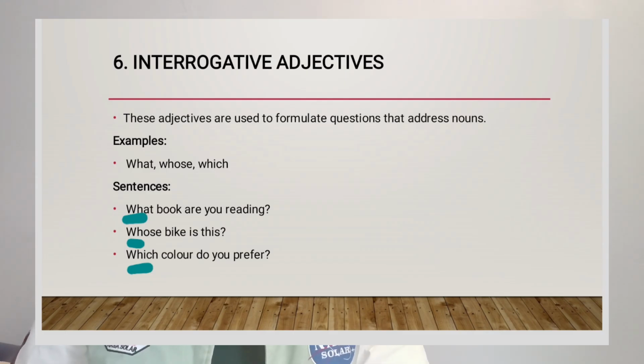I'll talk about that in a short while. Let's go on to the next example, which is, whose bike is this? And the third example, which color do you prefer?